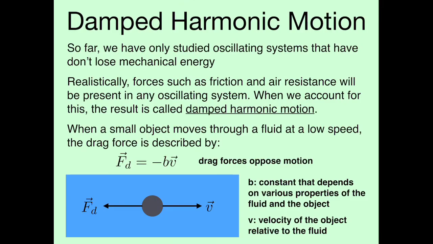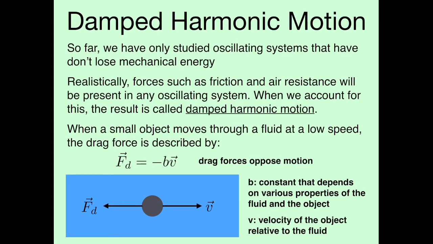Okay. So we'll start with damped harmonic motion. So again, up until this point, we've really only been considering oscillating systems that do not lose mechanical energy over time. Now, that's not exactly realistic because in any real-world system, you're going to have forces like friction and air resistance acting on your system, and they will tend to remove mechanical energy or decrease the mechanical energy of the system and convert it into things like heat.